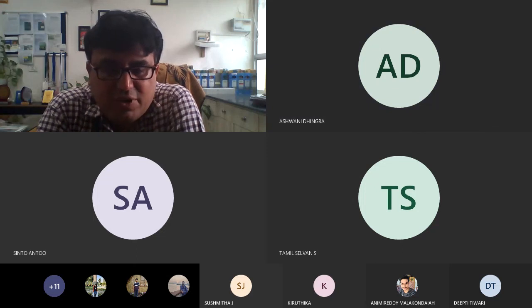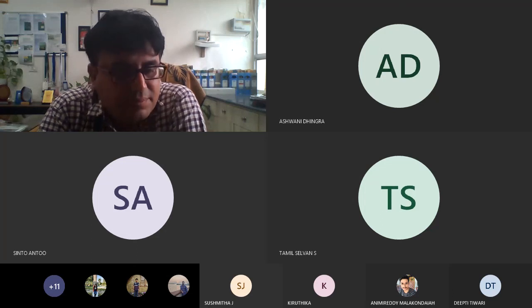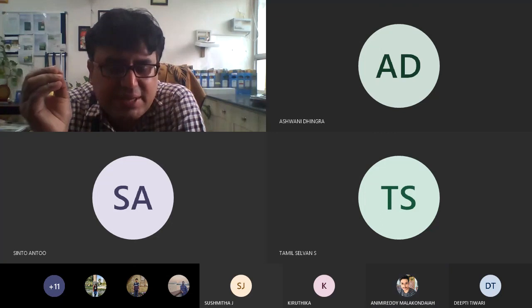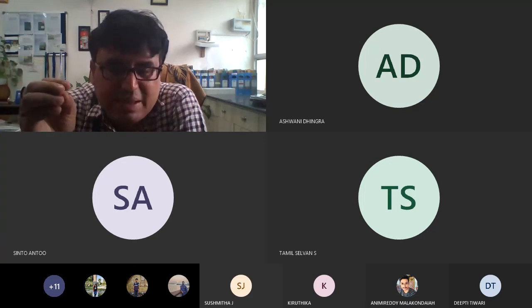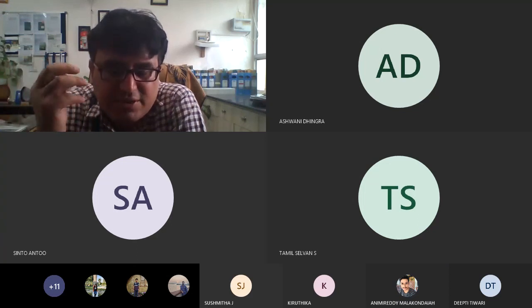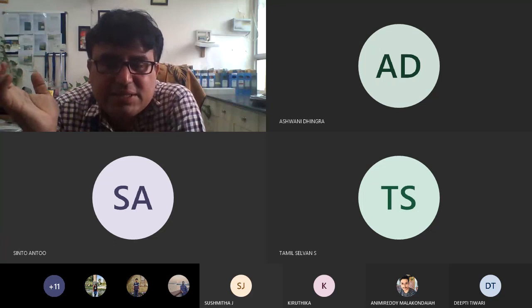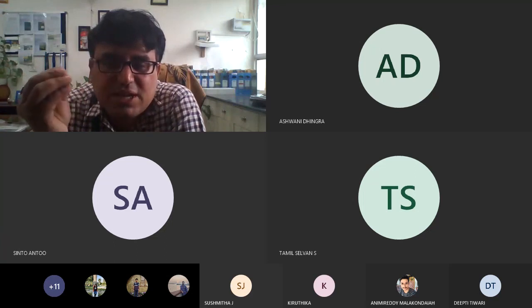Now suppose you have 4 samples of protein which you want to resolve on the gel. Suppose in sample 1 you have used the dye cyanine 1, in sample 2 cyanine 3, in sample 3 cyanine 5, like this. When you mix all these samples and run them on the gel, when it resolves, you will get different fluorescent colors coming out of those samples.